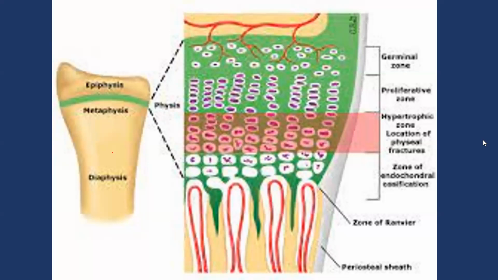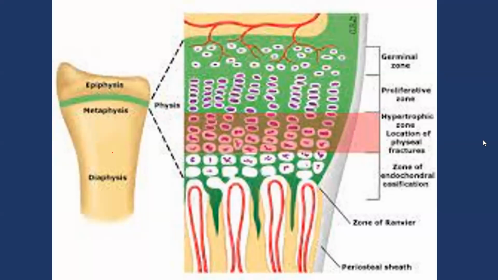Then you have the zone of provisional calcification, where you have infiltration of vessels and calcification, and formation of woven bone and destruction of the zone of hypertrophy. This is the physis. This is the basis of pediatric orthopedics because we have many conditions related to it.